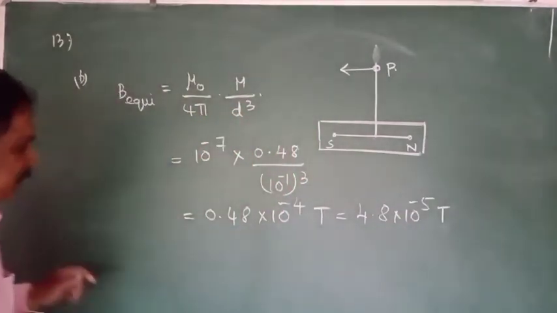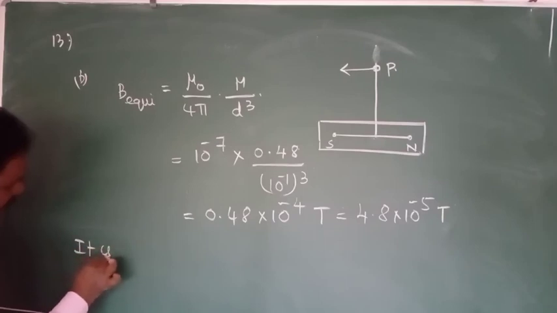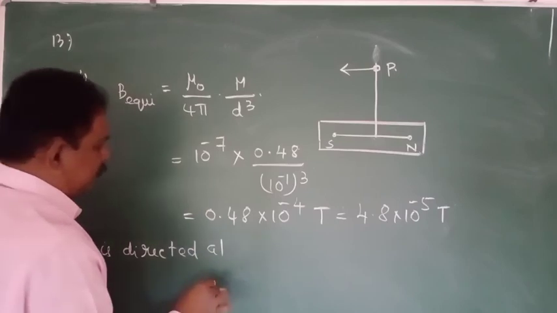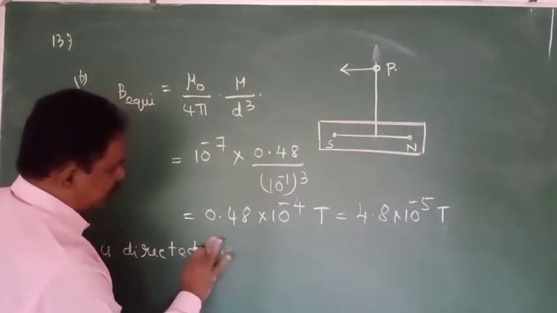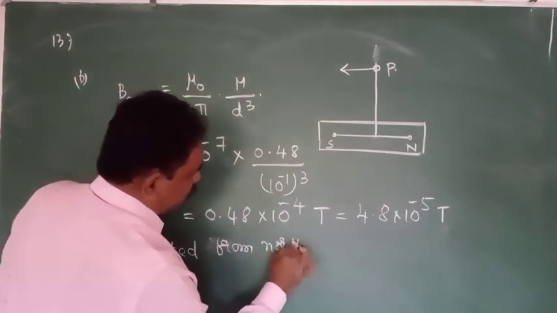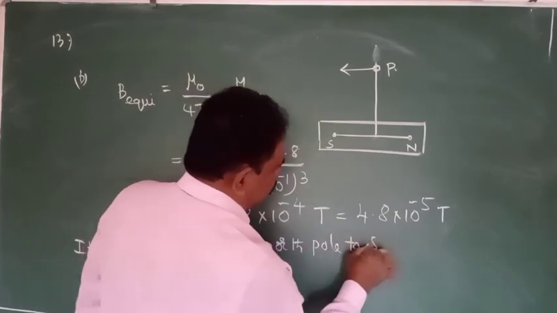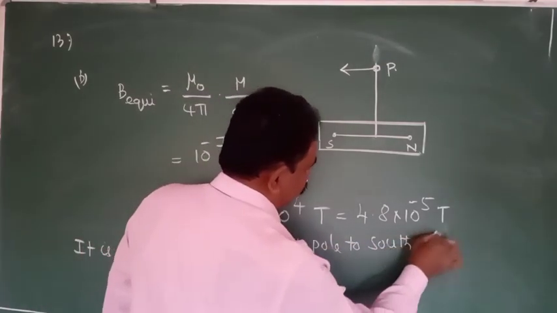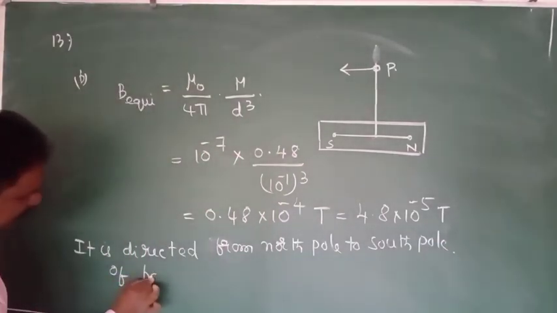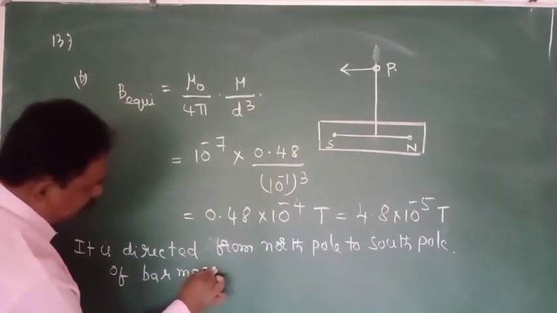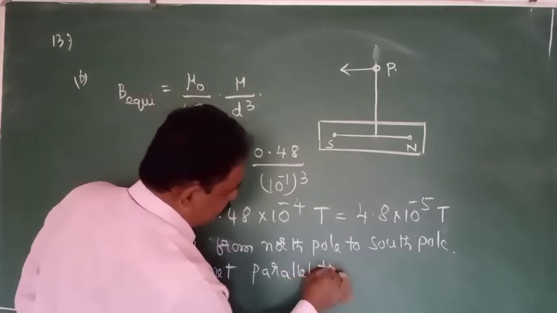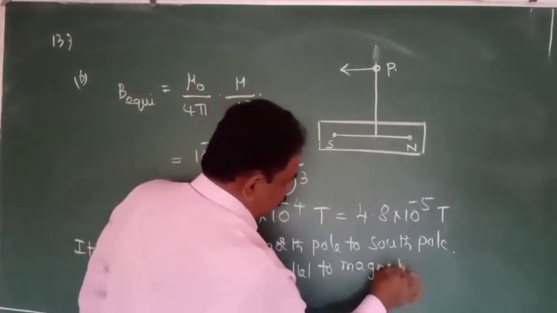What is the direction? It is directed from North Pole to South Pole of the bar magnet, parallel to the magnetic axis.